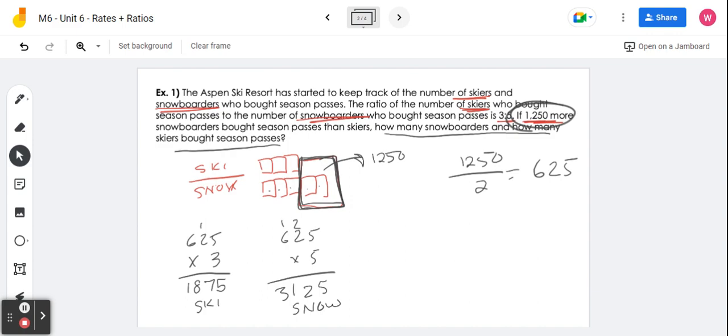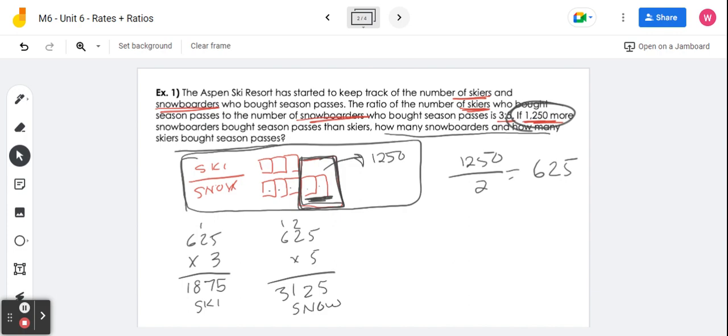Once again, in your notebook, you should have the following. You've annotated and written out skiers to snowboarders. The question told us there was 1,250 more snowboarders. This is how many more compared to skiers there were. That represented the 1,250.